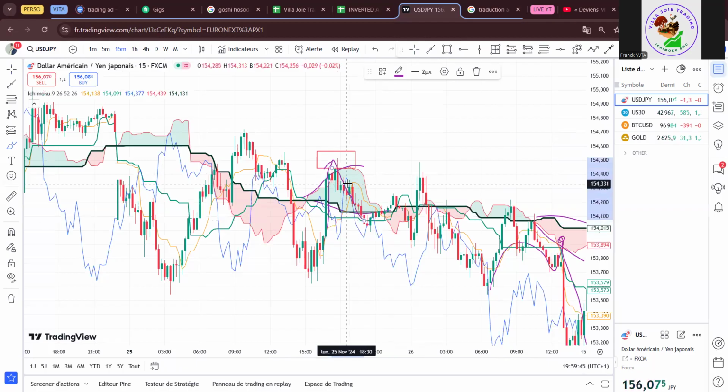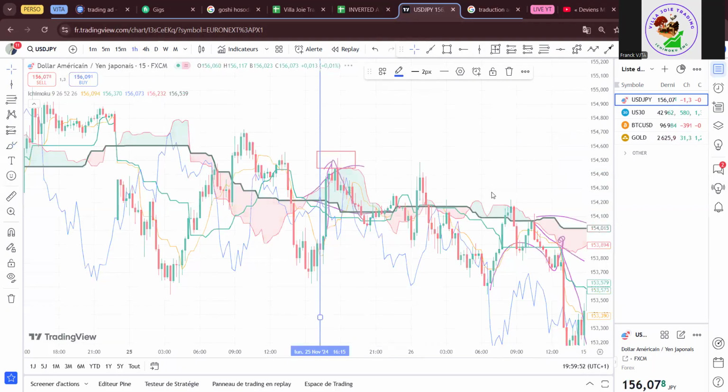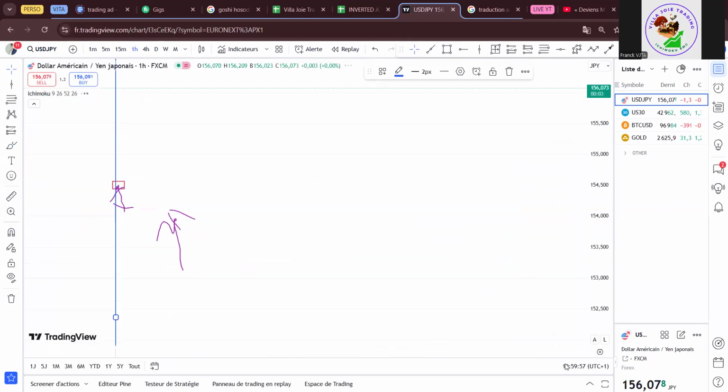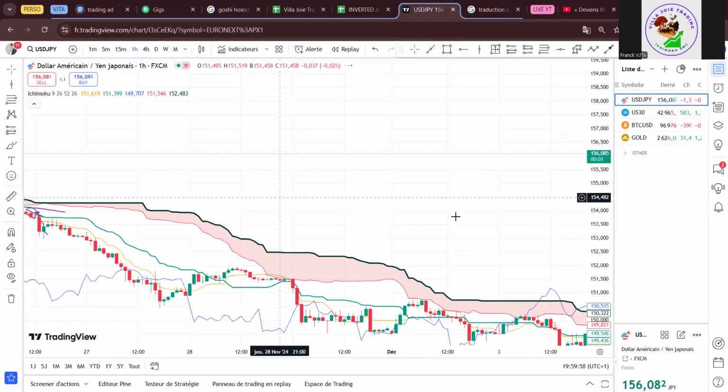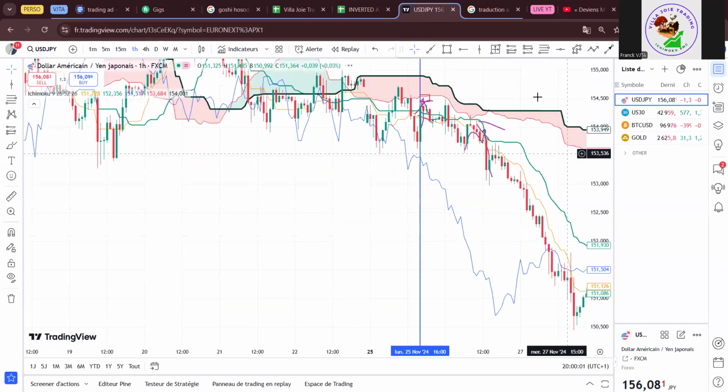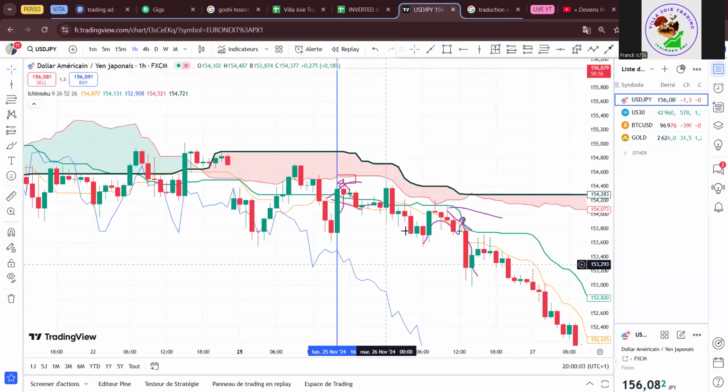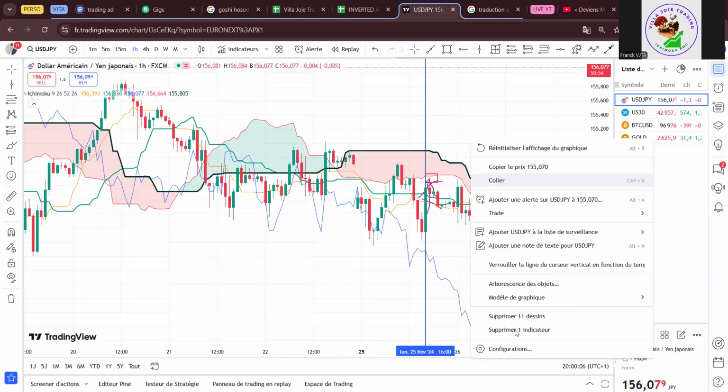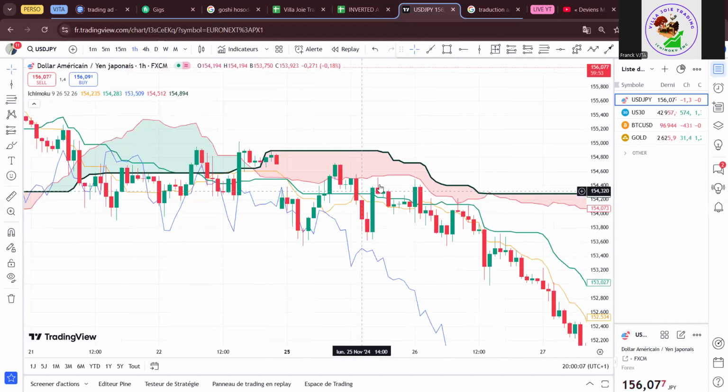It's like the reverse dunk, something like that, the reverse figure. Why does it make the reverse figure here? It's because in 1 hour, you will see that we have a setup that's running now. In 1 hour, let me remove all of the drawing. Look, we're at this point.